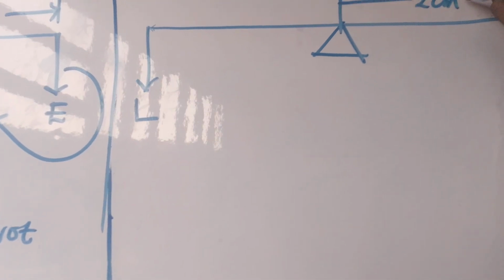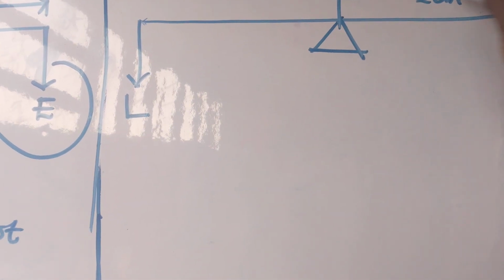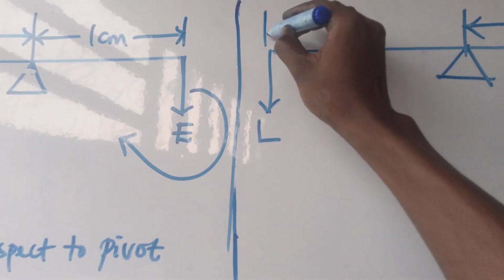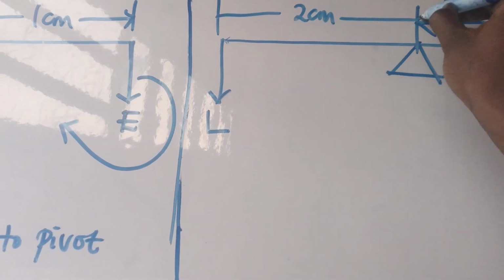Distance from here to here is 2 cm. From here to here is 2 cm as well.